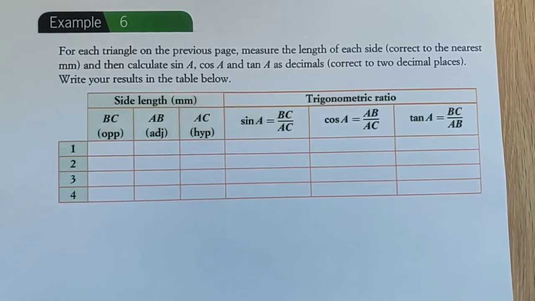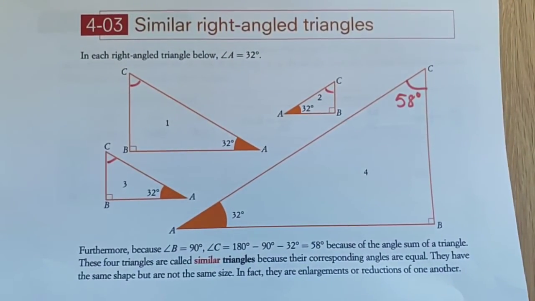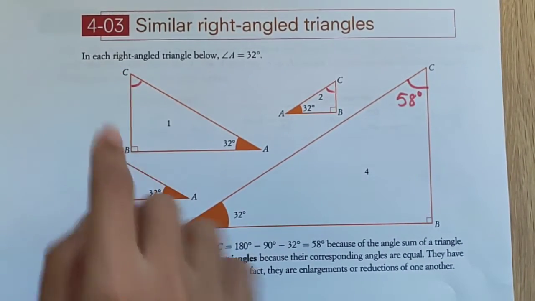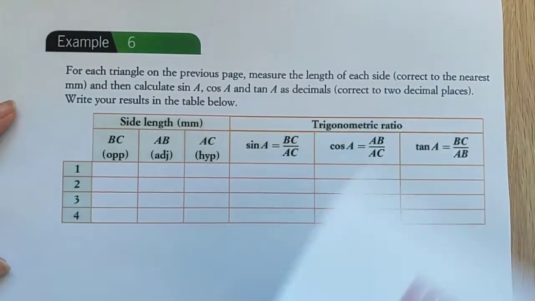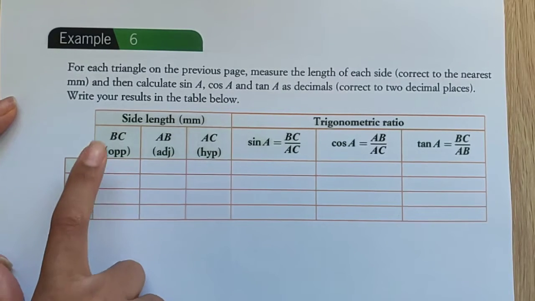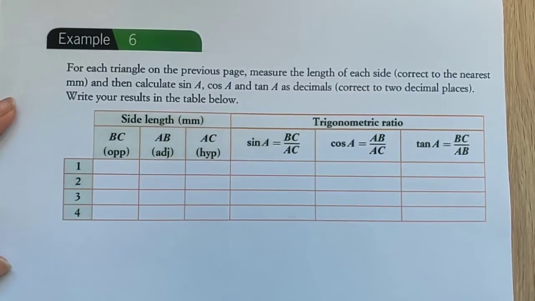Now we're going to register our result in this table below. Back to our example, our four right angle triangles, we want to measure length BC. So this is triangle 1, we want to measure the length BC in millimeter.